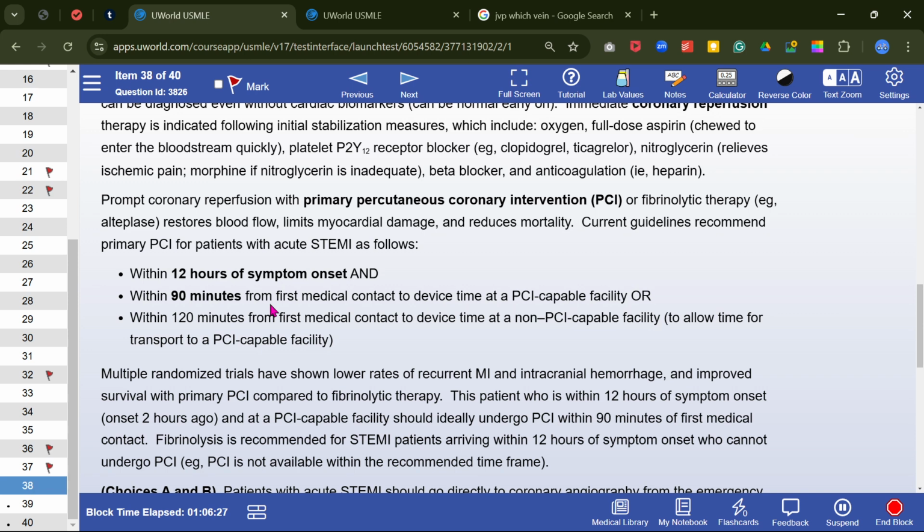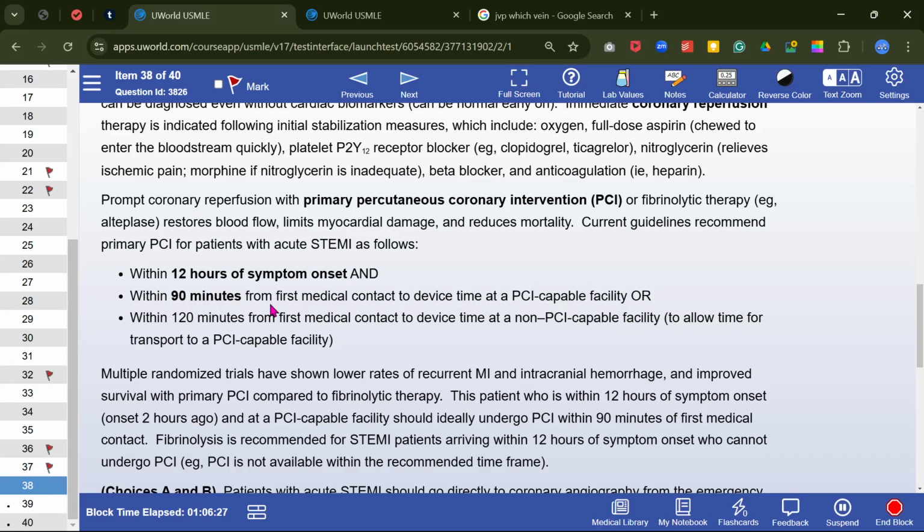Got it? So from that first medical contact to a PCI-capable facility, like this 999 hospital is connected with Johns Hopkins, this patient goes to Johns Hopkins where there is a PCI-capable facility. So this should be done within 90 minutes from first medical contact to the device time. Got it?